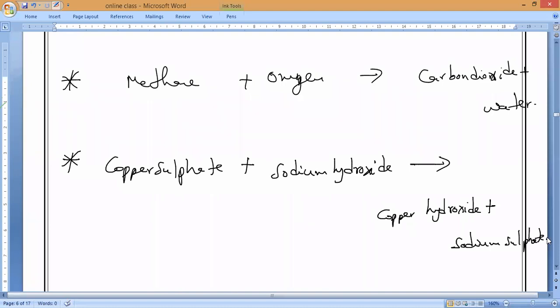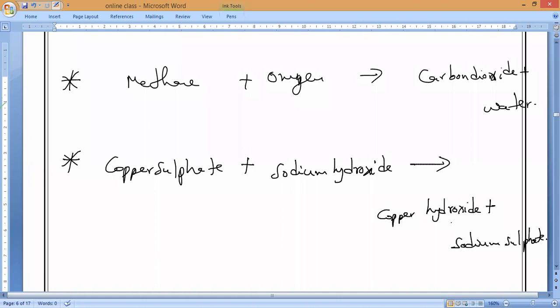So try to write these 2 equations alone. Will you be able to write it or not? Please respond. Which is aqueous state, which is solid state, we mention everything. Again I'm mentioning, sodium sulfate is aqueous state and copper hydroxide is solid state.